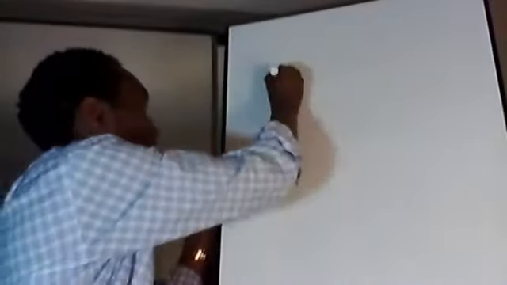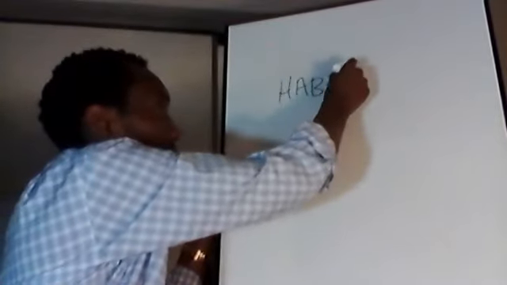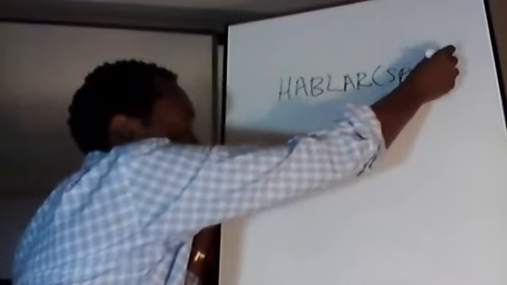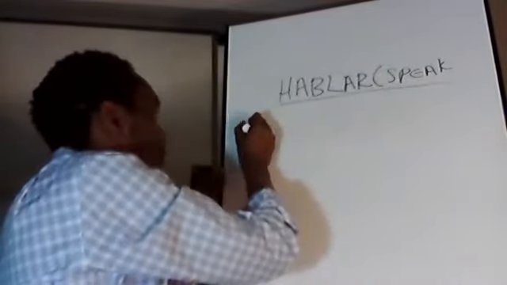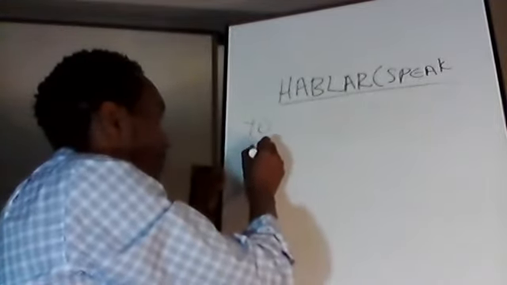So I'm going to orientate my camera here so I capture everything. So the verb is hablar, to speak. Hablar means to speak. And so we have the first person singular, which is yo, then the second person singular, which is tú.